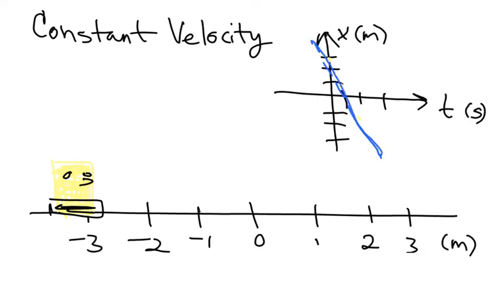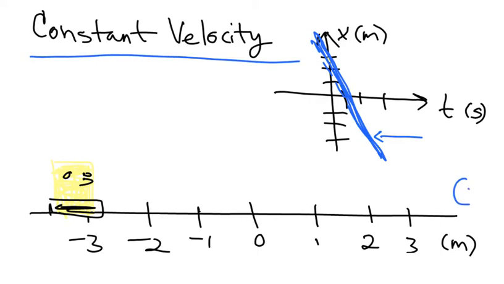Imagine that I'm good at drawing straight lines, but the gist is that because it's constant velocity, we have a straight line. SpongeBob is moving backwards, and by moving backwards, I mean he's moving from positive, where he started out right here, to negative.